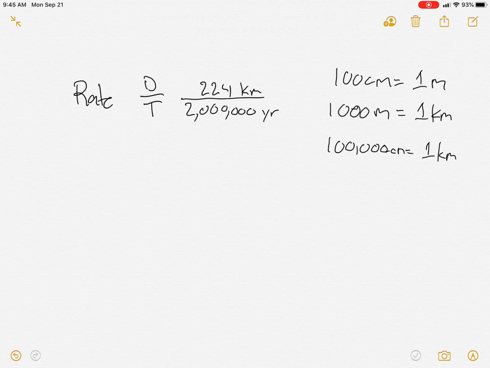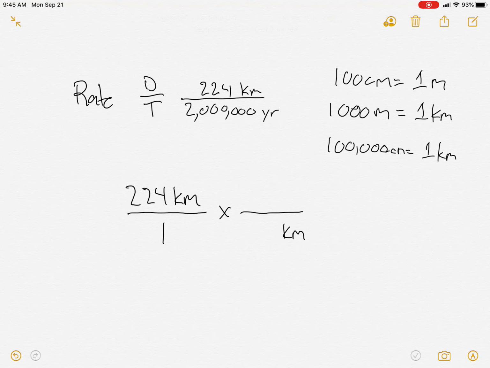So for a minute here, I'm going to take this kilometers away from my equation and just convert it. So here I have kilometers. I want to change it to centimeters. So typically what we do is we multiply by a conversion factor. And so what I want to do is put the unit that I want to get rid of down to the bottom of the fraction. So I'm going to put my kilometers down here.